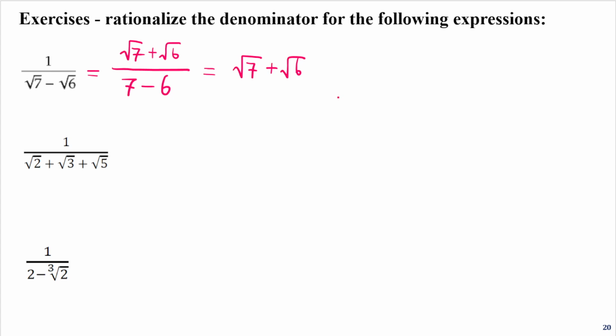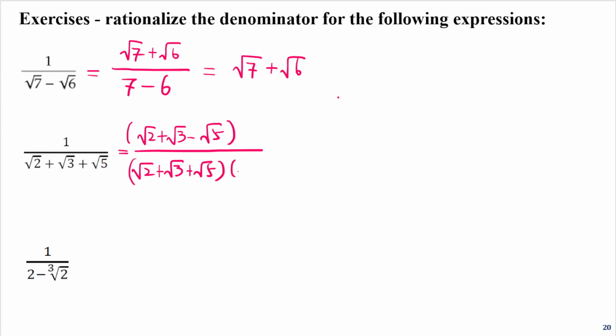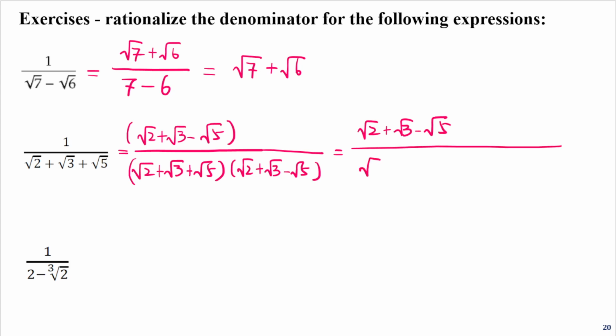We have 3 terms in the denominator. So first, we can multiply both the numerator and denominator using this number. According to the formula, this will give us square root 2 plus square root 3 squared minus second number squared, which is 5, right?